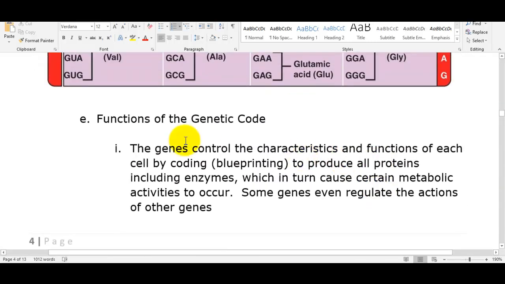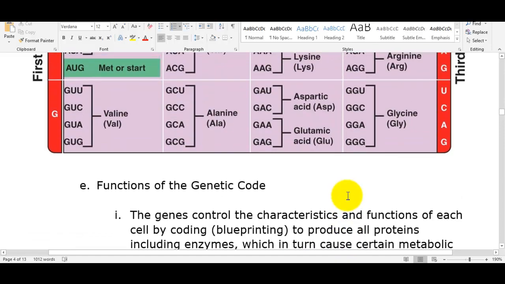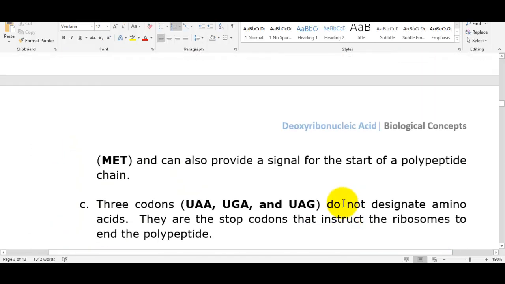Okay, so it has right here, functions of the genetic code. The genes control the characteristics, so the blueprint, to produce all proteins, including enzymes, which cause certain metabolic activities to occur, and some genes even regulate the action of other genes. And basically all cell parts, everything, is built from a DNA strand.